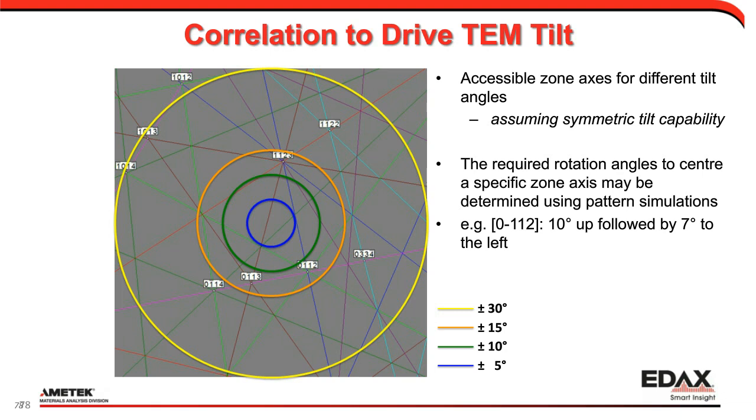So in this case, we would need to rotate from where the 0112 is. We need to go 10 degrees up and 7 degrees to the left. We'll position that, assuming you have a stage that allows you to tilt through the different angle ranges, and that's what the circles on here show: ranges that would correspond to 5, 10, 15, and 30 degree tilts. We can then tilt our specimen to position it to the correct diffraction conditions.